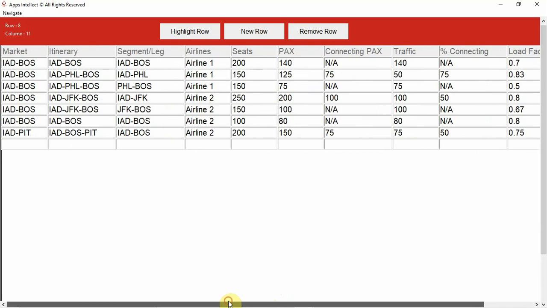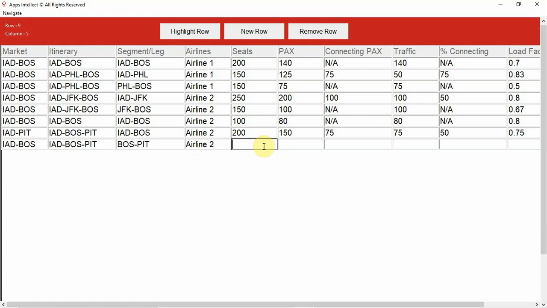So for this network route, again we'll have to complete the network. Same thing here, but now the route would be from Boston to Petersburg. Airline 2 is operating, and the aircraft available has a capacity of 150, and the number of passengers traveling is 75.